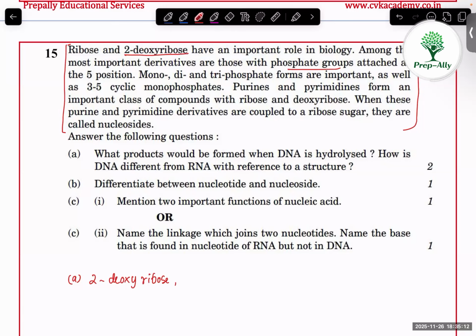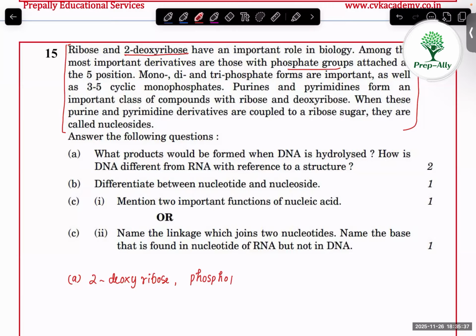So this is a sugar. Second thing is phosphate from every DNA. Nucleotides are connected through phosphodiester linkage. So when you break this nucleotide singly, you will be getting phosphate, sugar, and nitrogen base. When you break each of them separately, you will be getting nitrogen base, sugar, as well as phosphate.